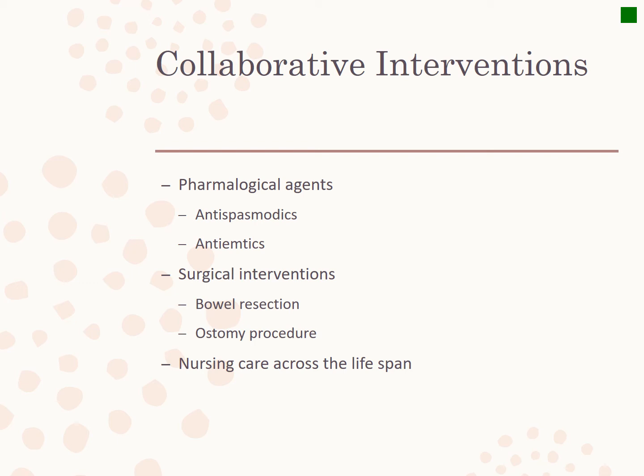Other interventions that can happen are surgical interventions. So when we're talking about a bowel resection, it's pretty much what the words say it is. So here's your stretch of bowel. You have something in here causing problems, whether it be an ulcer from a disease process, or a tumor, or something that's causing pain and causing blockage.